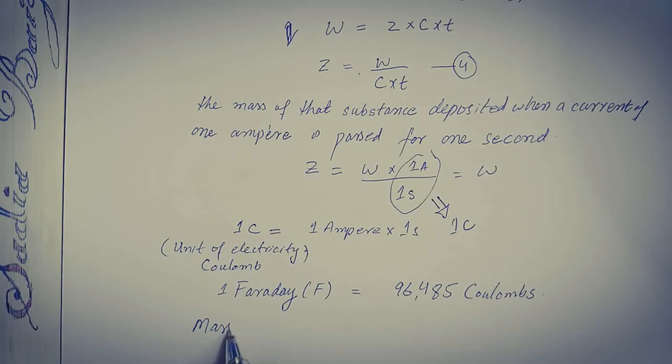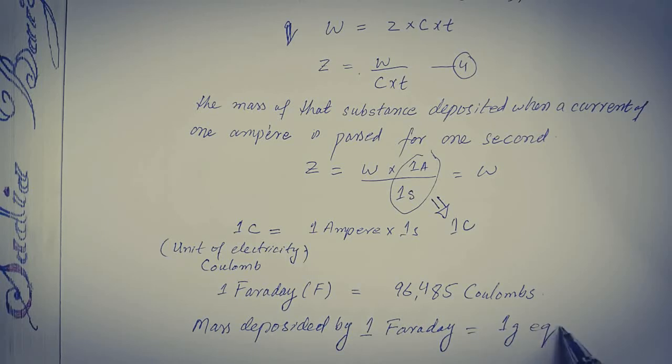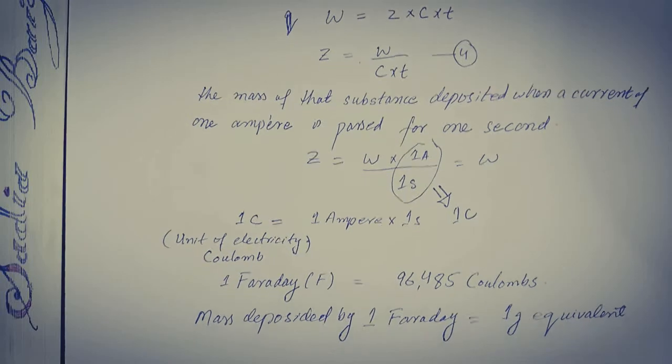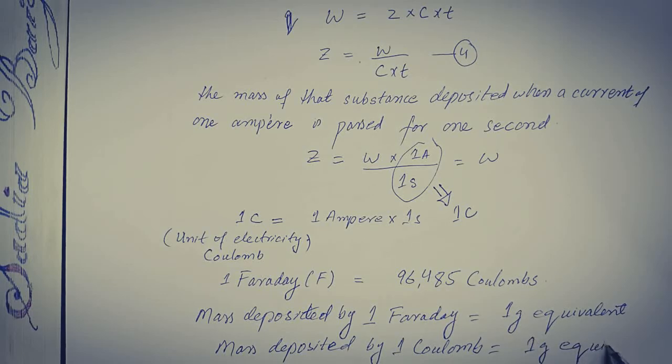So mass deposited by 1 Faraday is actually equal to 1 gram equivalent, and mass deposited by 1 coulomb is actually equal to 1 gram equivalent over 96485.